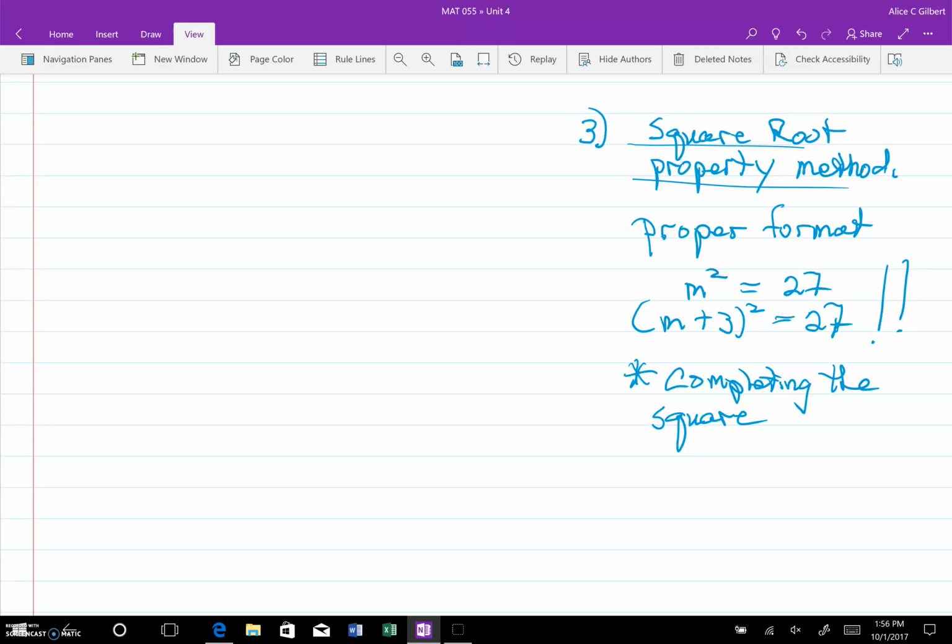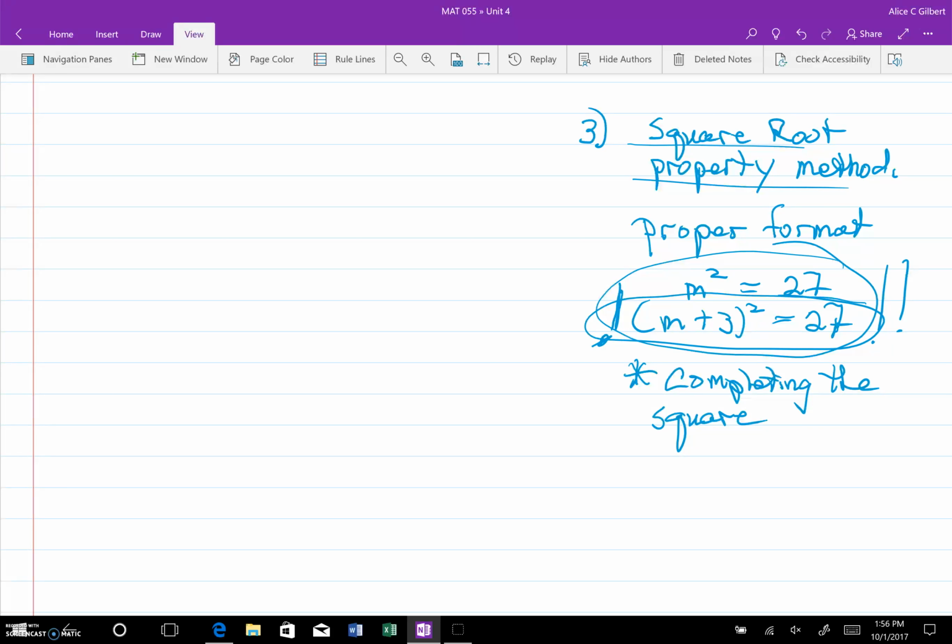Now, every teacher that I've ever worked with and every book I've ever seen says completing the square is a method all by itself. It is not. All completing the square does is force our equation into looking, well, actually like a perfect square trinomial. So like this one. And then we can use the square root property method.